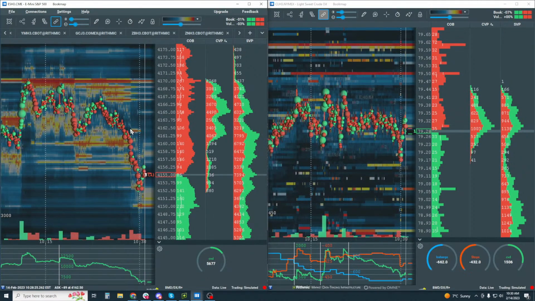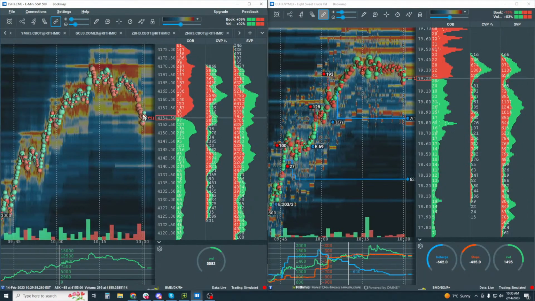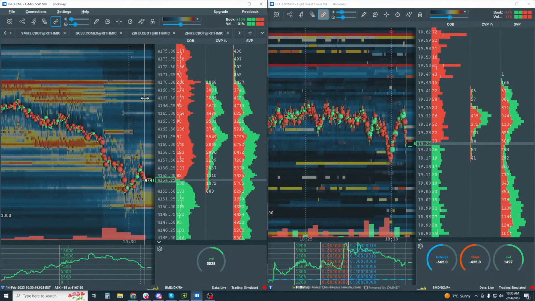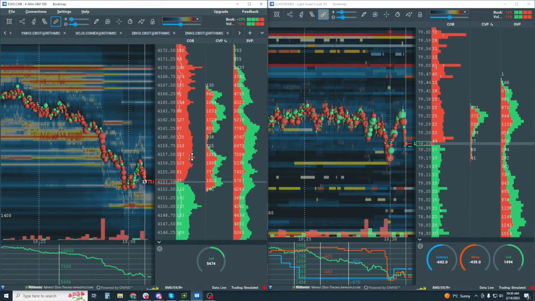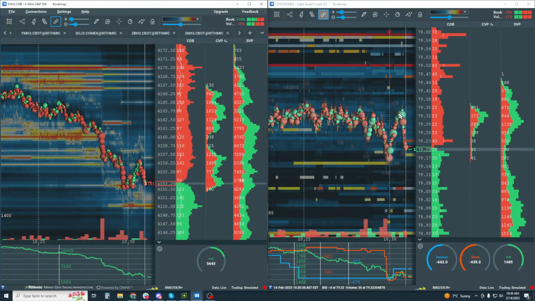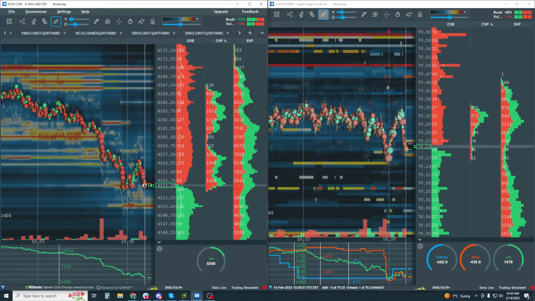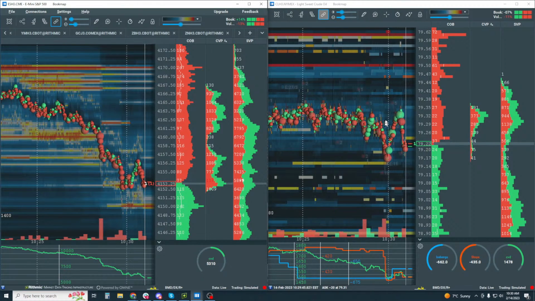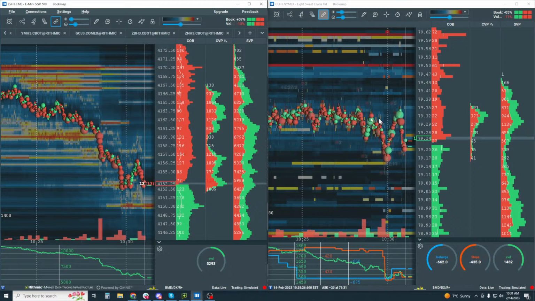Synchronize these charts. Okay, so a little more volatile in here, right? Maybe crude is kind of leading here, or it's just more volatile.